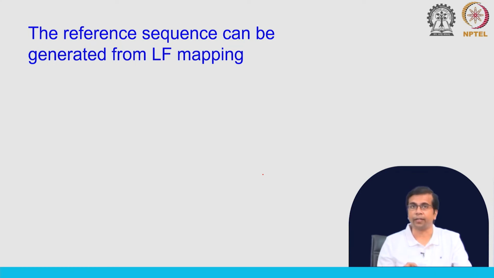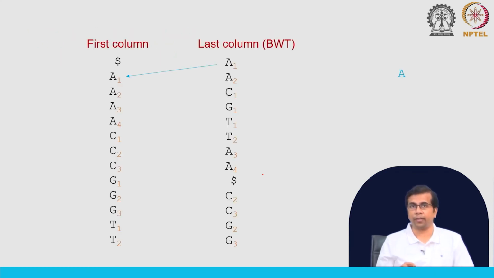I will illustrate that in a moment. So, here is the first column, and we have the last column, which is the BWT. Remember, we can generate the first column from the BWT. We have generated this, and what we will do is this last first mapping, or something called traversing.